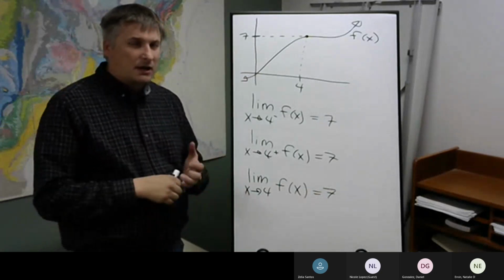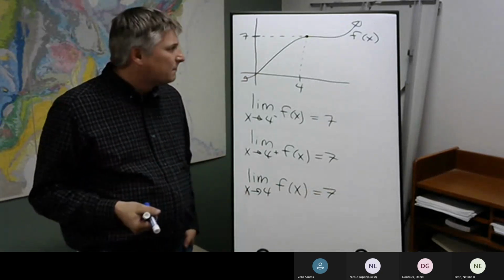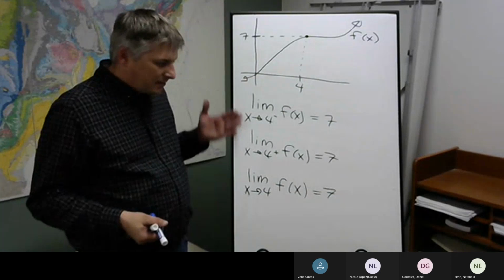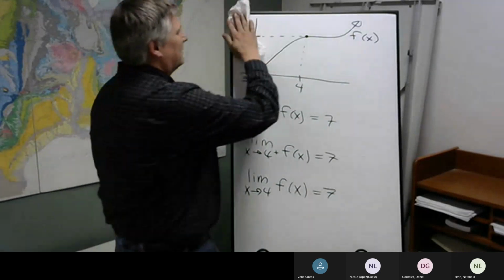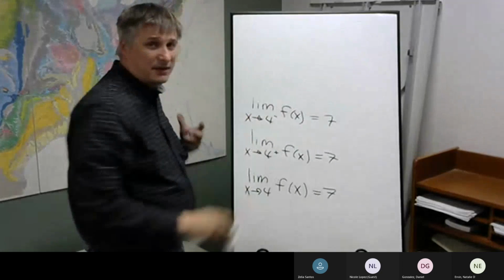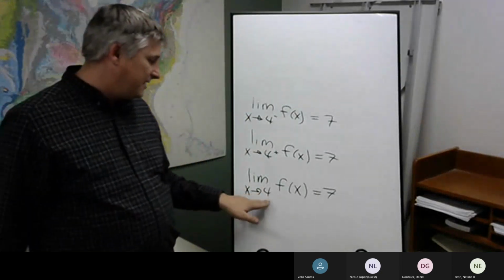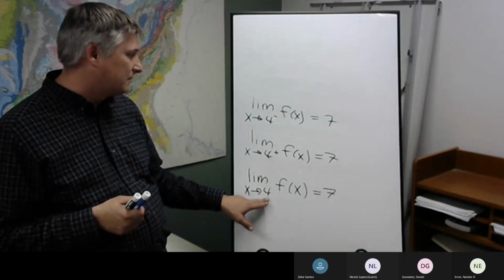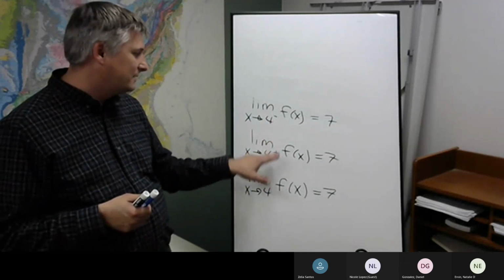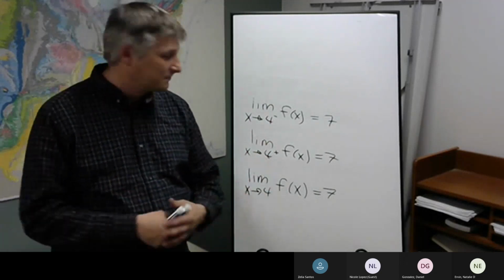So this is what we've been working with. And this actually comes together in what we call the limit existence theorem. And what it's going to say is this sort of plain limit only exists if these two exist and they're equal.